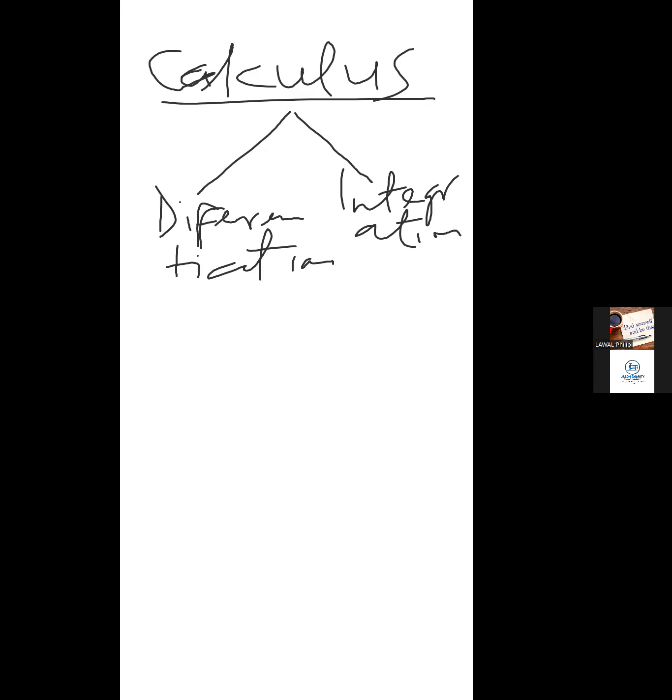So what is differentiation? Differentiation, simply by normal introductory part, is getting the gradient of a non-linear function at a particular point, or simply just getting the gradient of a non-linear function. What do I mean by that?